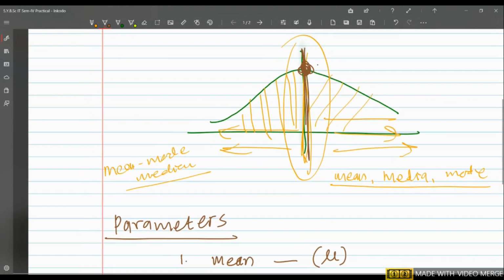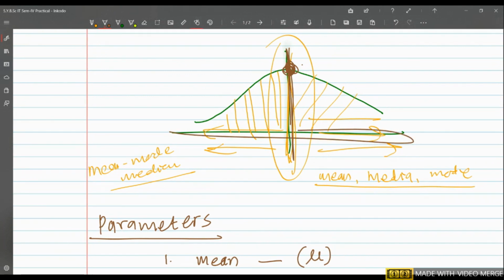This spread of the data is defined by the standard deviation and determines how far away from the mean the values tend to fall. It means up to what mark this curve tends to extend. This is defined by the standard deviation.